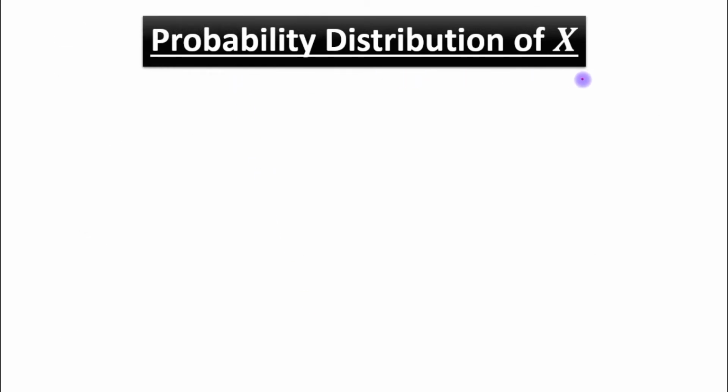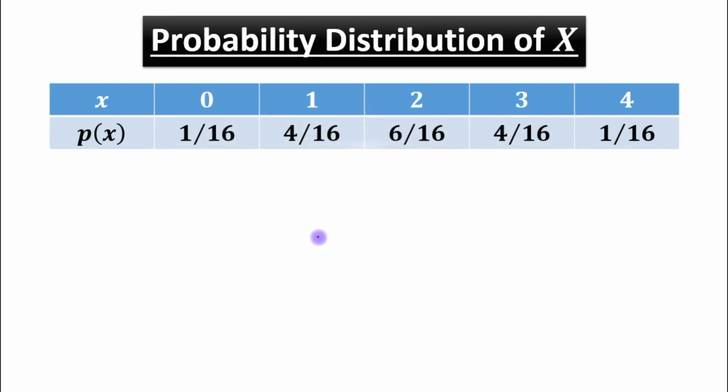Probability distribution of X. So here we have the probability distribution of X, in which the upper row denotes the values of X, that is 0, 1, 2, 3 or 4, and the second row denotes their probabilities which we have calculated.